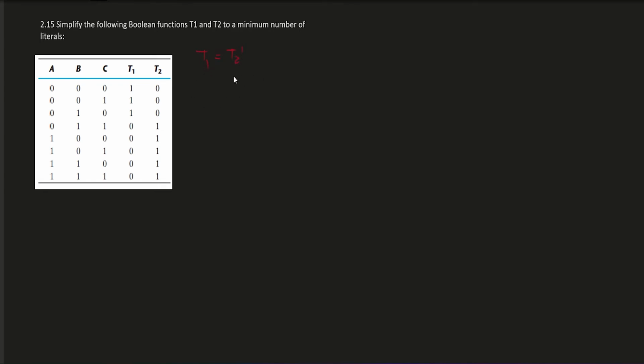First let's write T1 in terms of minterms: it will be 0, 1 and 2, and T2 will be 3, 4, 5, 6 and so on. So we should minimize them to a minimum number of elements.